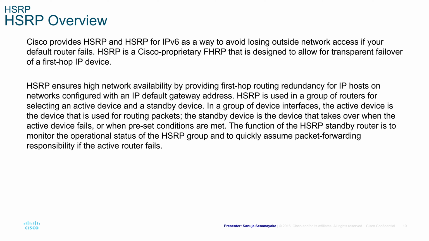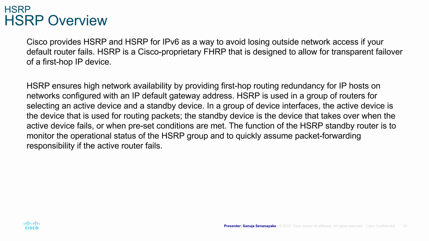HSRP is used in a group of routers for selecting an active device and a standby device. In a group of device interfaces, the active device is the device that is used for routing packets. The standby device is the device that takes over when the active device fails or when preset conditions are met.